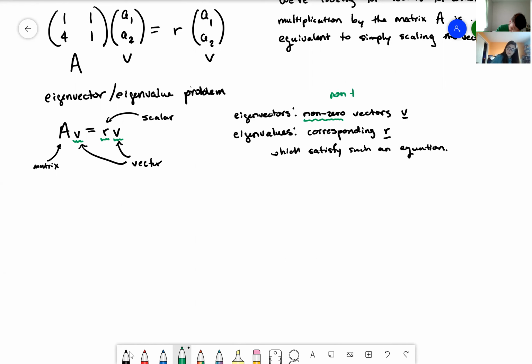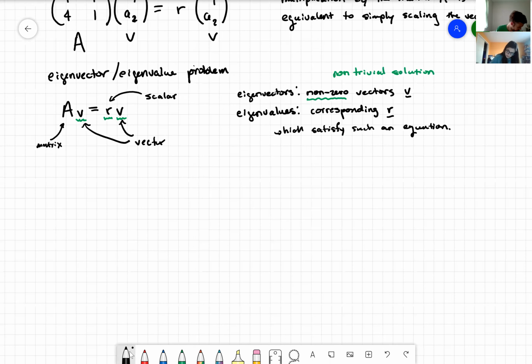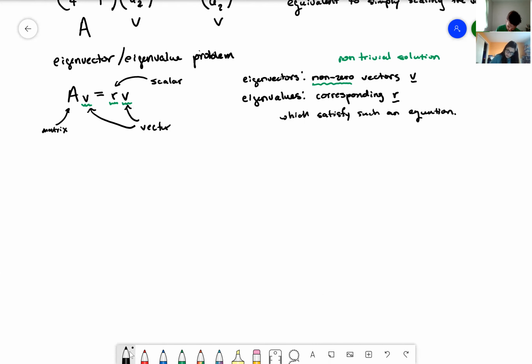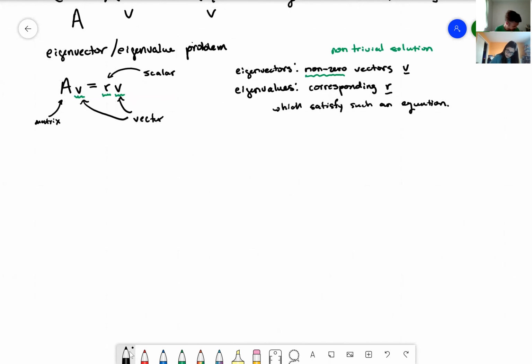So we're looking for the non-trivial solution. We're looking for the ones that aren't just 0 and the vector 0. So I think there are problems already on the final exam where they ask you to compute the eigenvector and eigenvalue for a particular matrix. So we're going to work through how to do this.